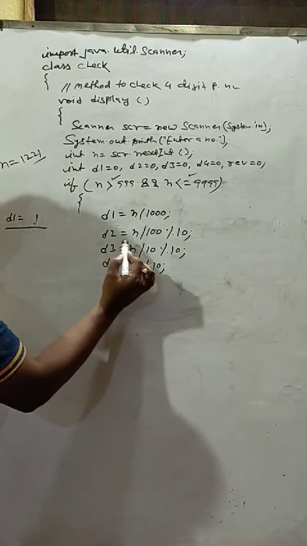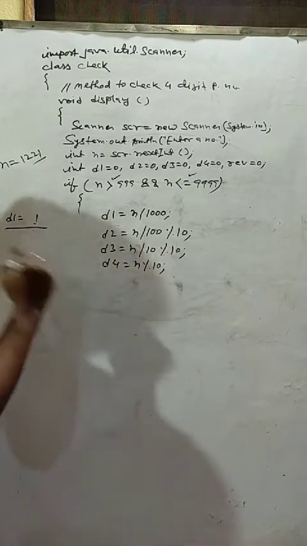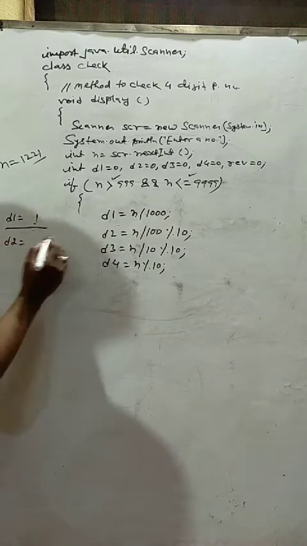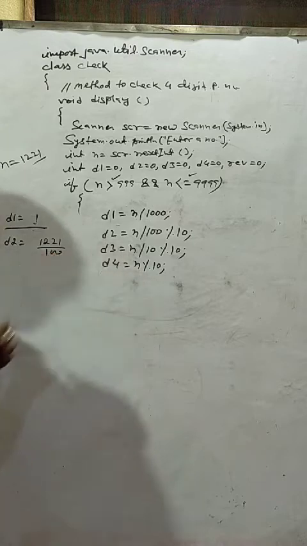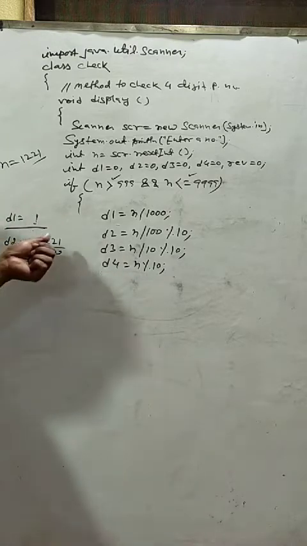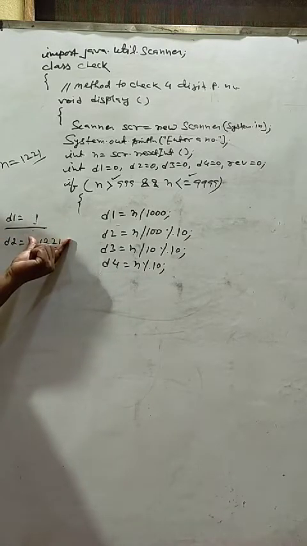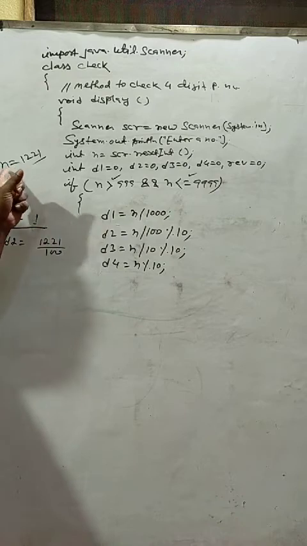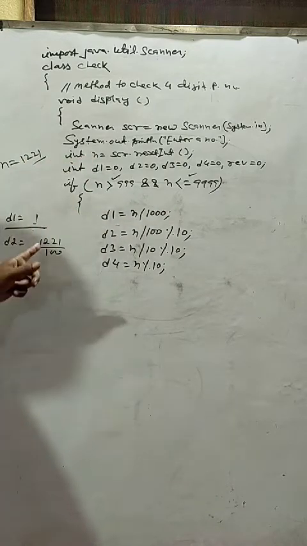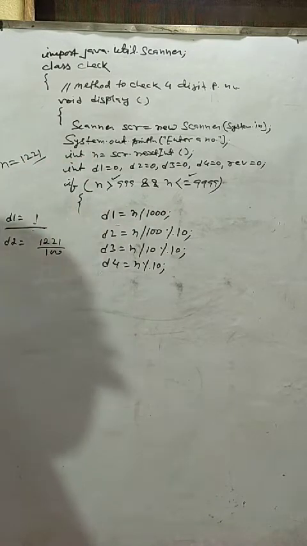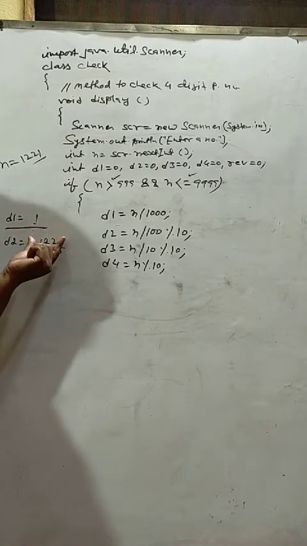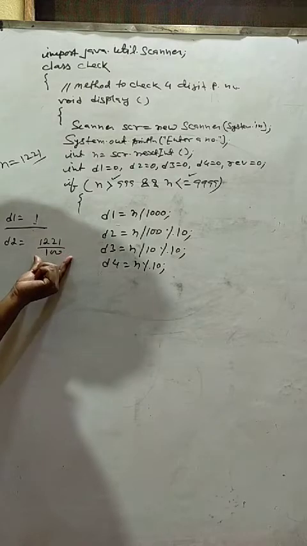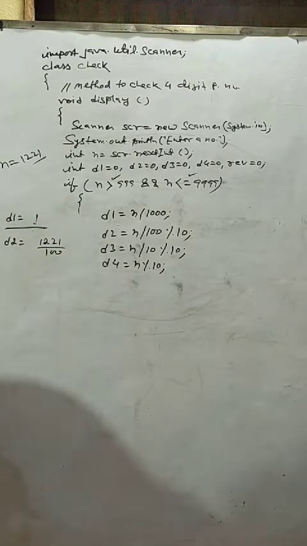In the second line, d2 equal to n by 100 mod 10. So n by 100 means 1221 by 100. 1221 is integer because it is stored in n and n is declared as integer, and 100 is also integer. According to the facts of division in Java, when we divide an integer value by another integer value, the result is also integer.